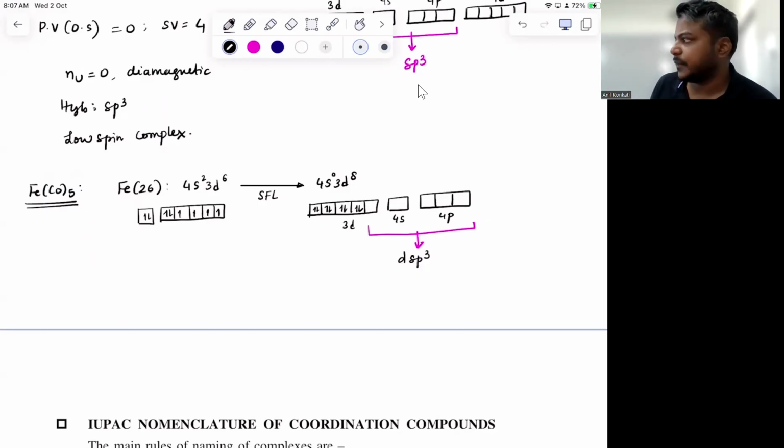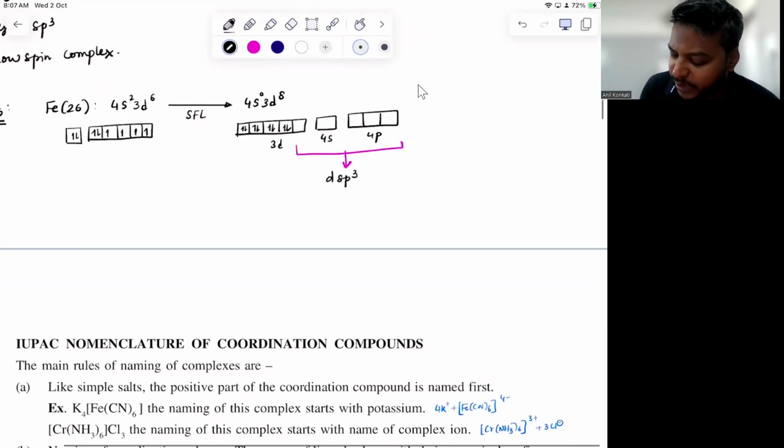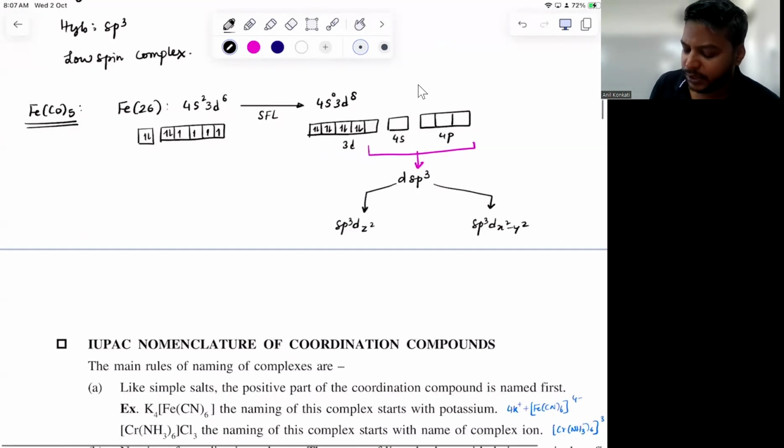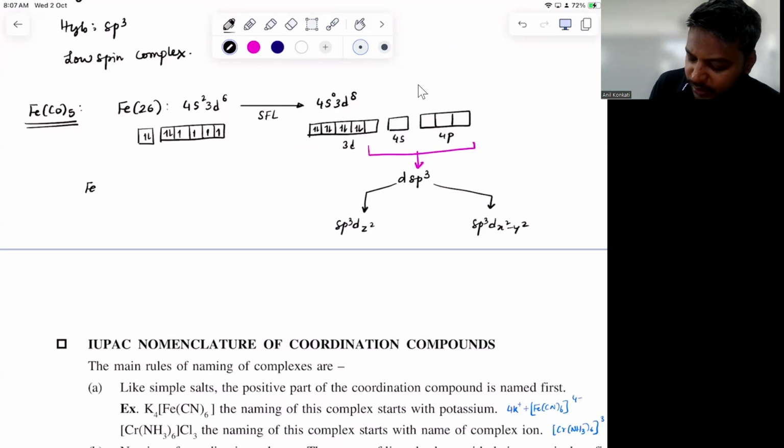Okay, dsp3. Now, dsp3 can be identified as two types of orbitals. One is sp3d with z square. The other one is sp3d with x square minus y square. So iron in this case would have this type of geometry.